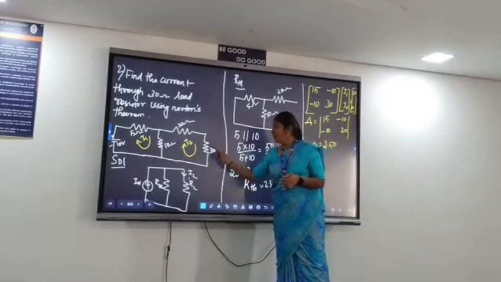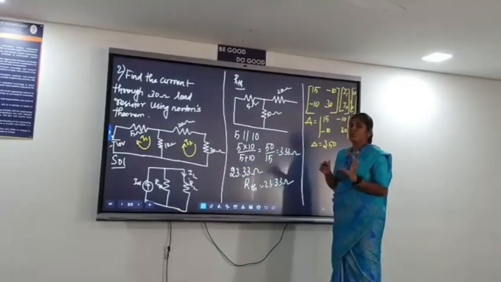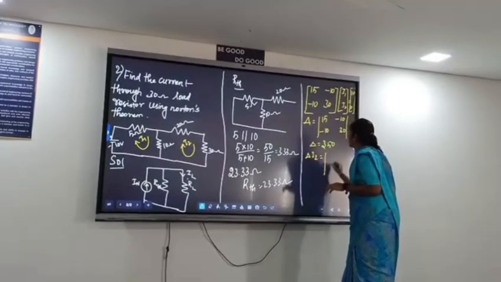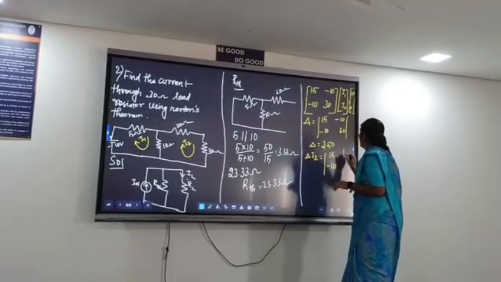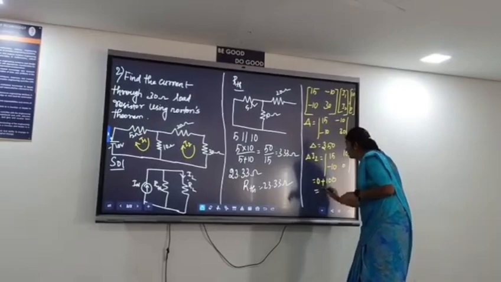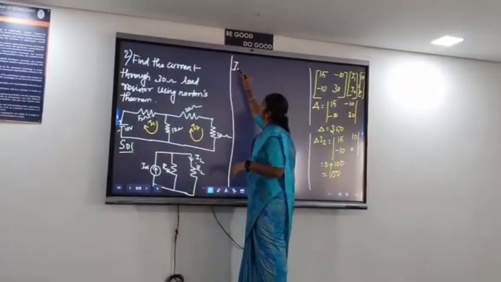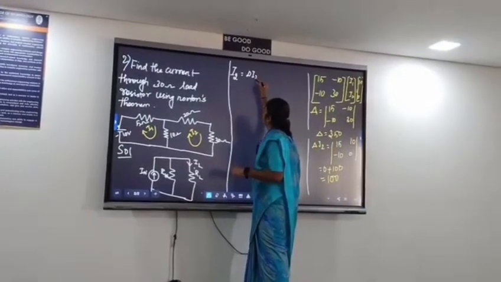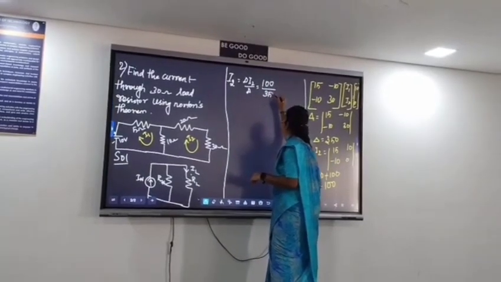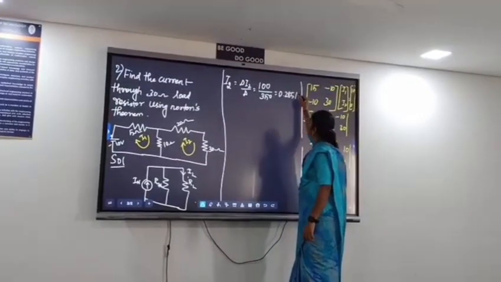We need del I1 and del I2, but here we are concentrating only on loop 2, so there is no need to find the value of I1. Del I2 is 15 times 0 minus 10 times 10 in magnitude, which is 100. So I2 is del I2 by del, which is equal to 100 divided by 350, which is 0.285 ampere.